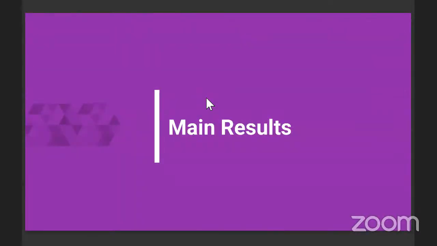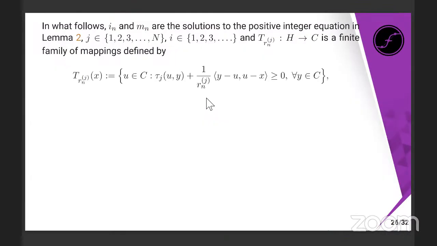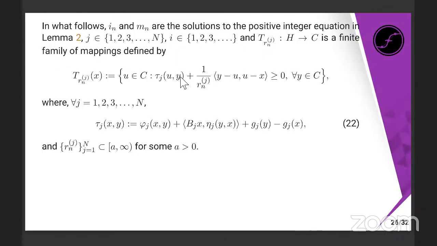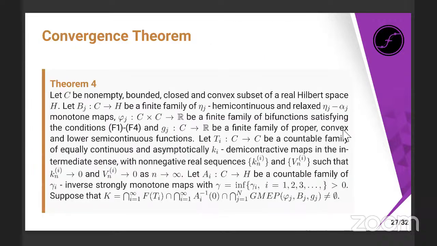So, main result. In what follows, wherever we see n and m_n, we are referring to the unique solutions of the positive integer equation we described in lemma 2. And T_rn here is a proximal operator described by equation 22. And this is the strong convergence iterative algorithm theorem we have.